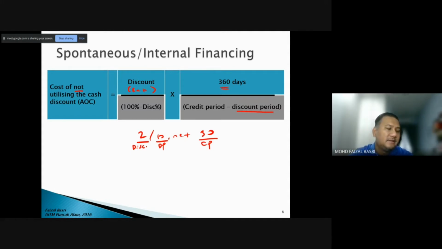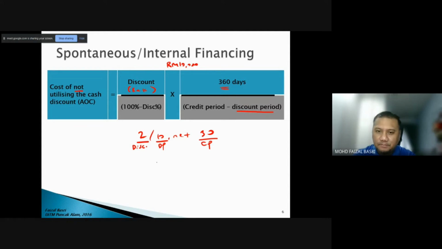Example like this: you bought 10,000 ringgit worth of goods from your suppliers, and your supplier gives you these credit terms. So you have two options: to pay within 10 days in order to get the 2% discount, or else you have to pay within 30 days.